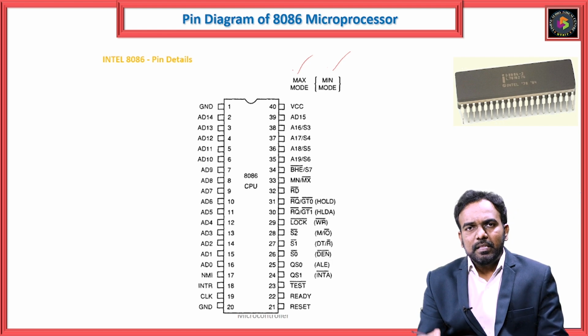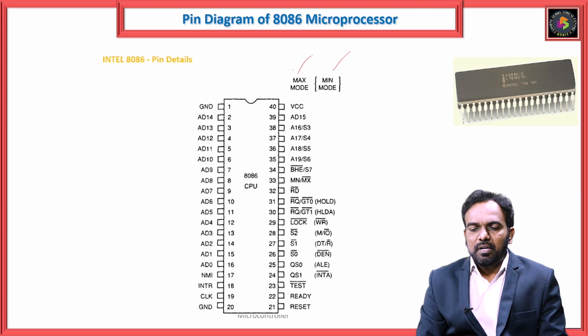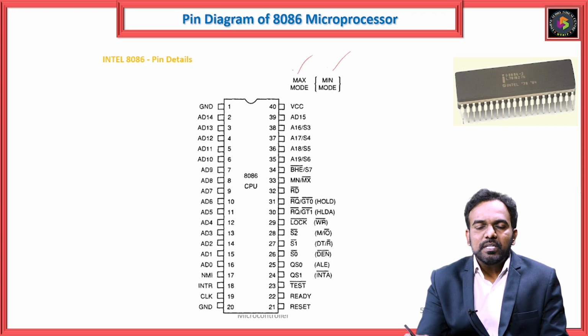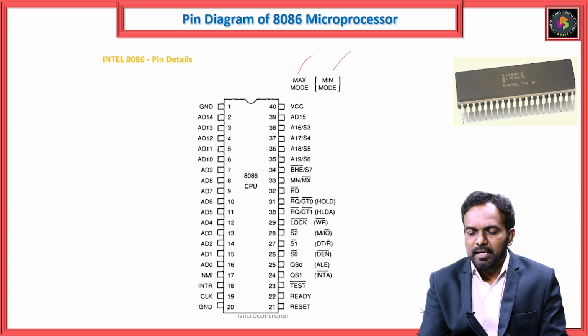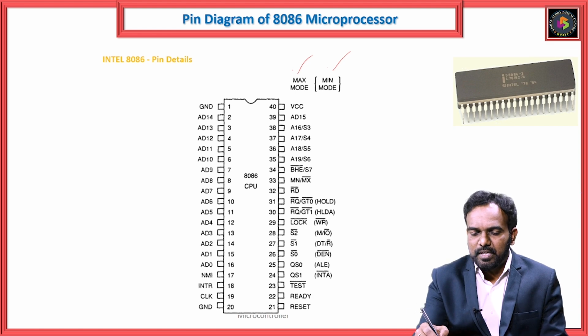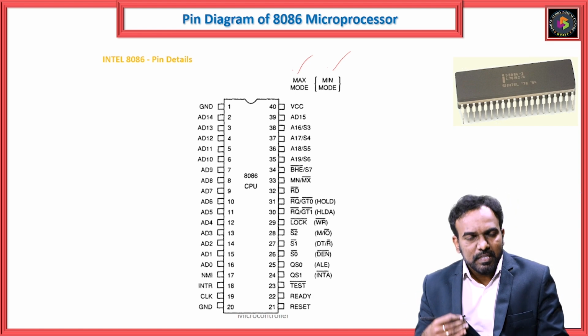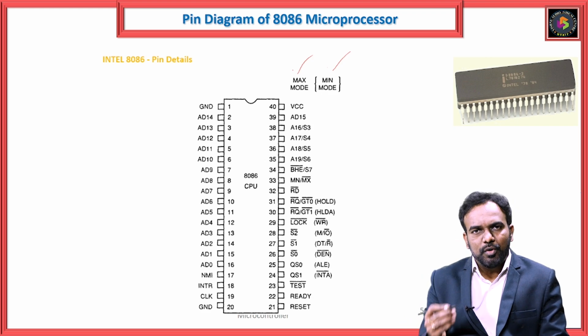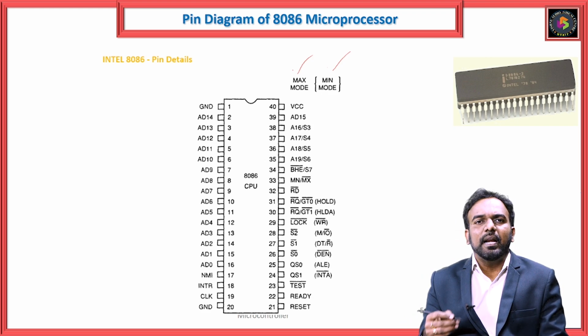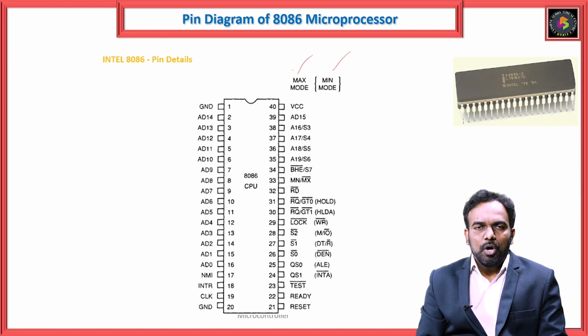If we operate this 8086 microprocessor in minimum mode, these pins are replaced with INTA bar, ALE, DEN bar, DT/R bar, M/IO bar, WR bar, HLDA, and HOLD. These are the pins that replace the existing pins. In that way, the 8086 microprocessor operates in two different modes: one is minimum mode operation and the other is maximum mode operation.